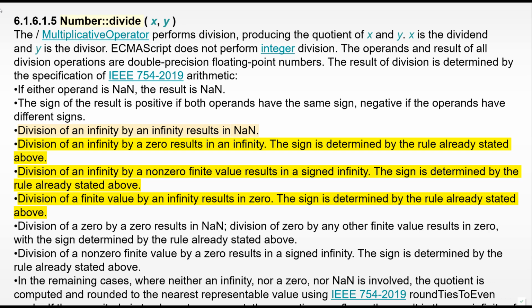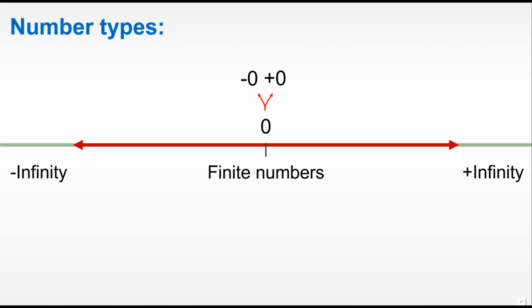So let us say a few words about this not-a-number type of number, which is probably the most confusing one of the bunch. We have already discussed finite numbers, 0 and its positive and negative variety, positive and negative infinity, but there is one last type of number that usually people find the most confusing, which is the NaN, the not a number type.